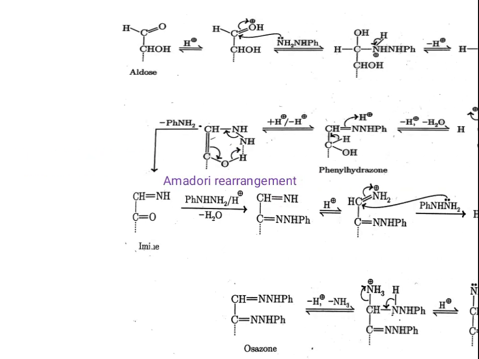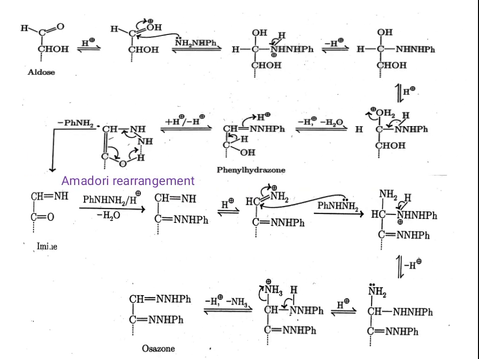And now come to the mechanism. See this. This is your aldose and this is your phenyl hydrazine. At first the basic nitrogen attacks here and this bond is opened.